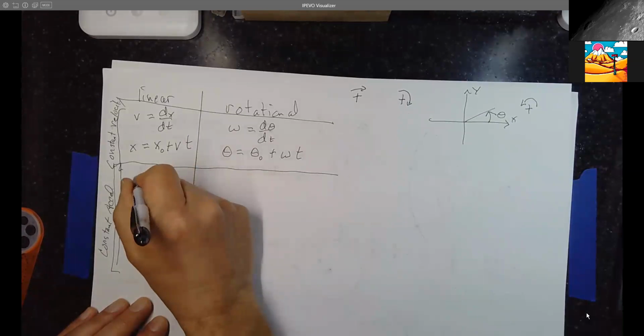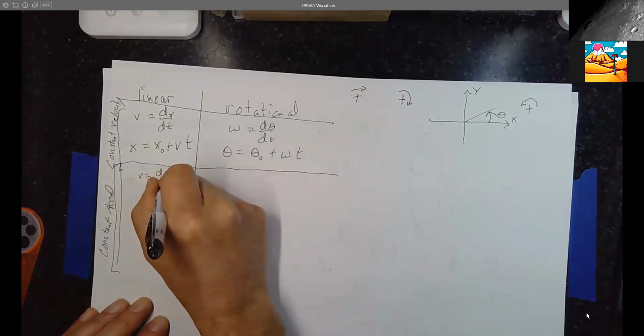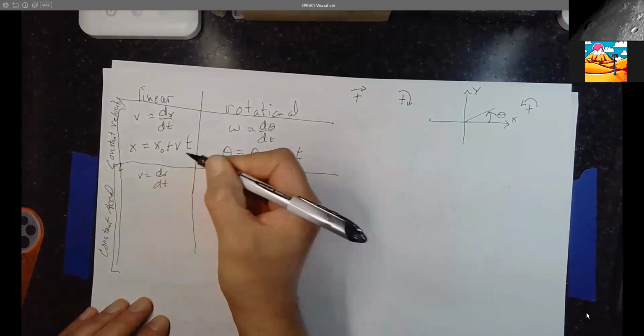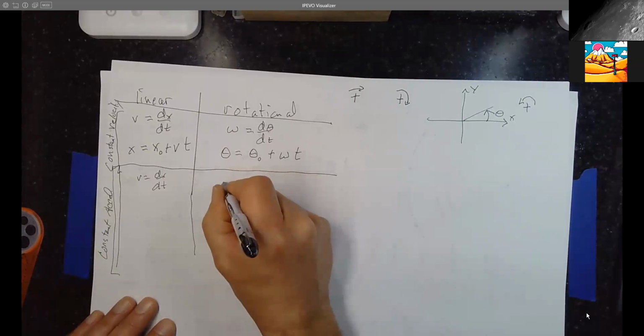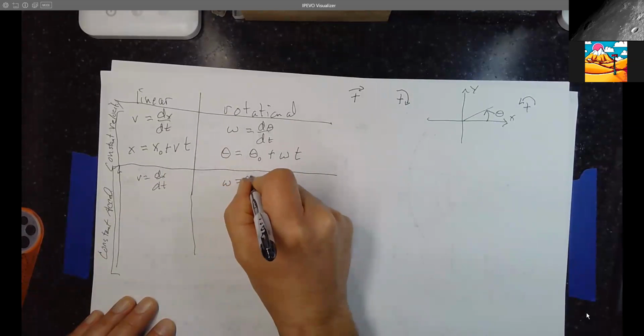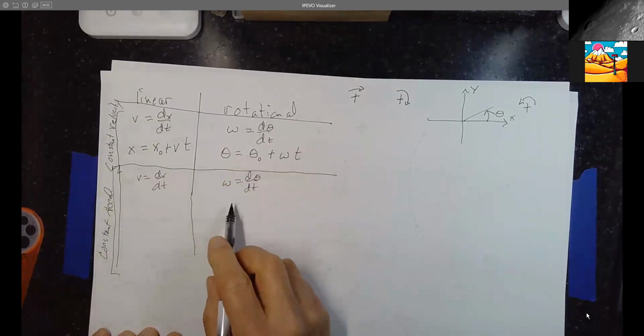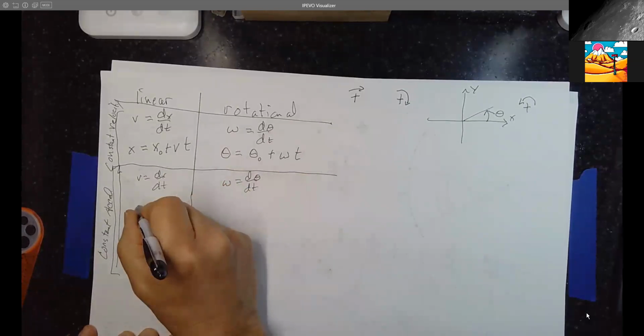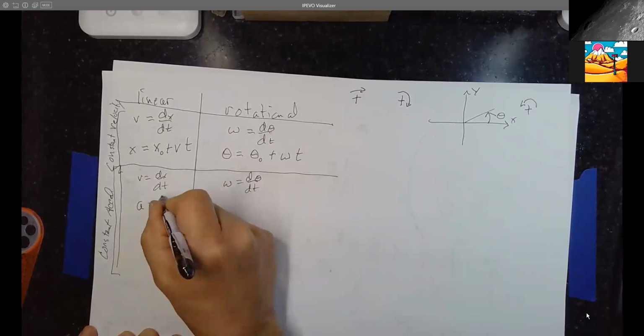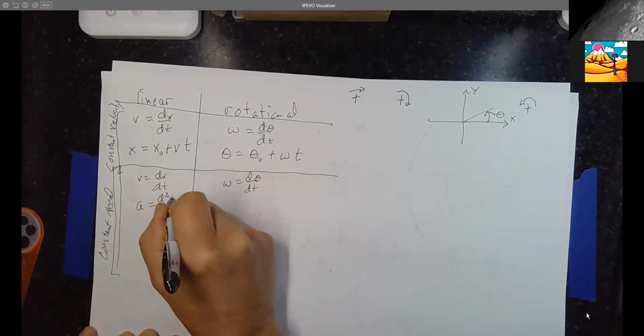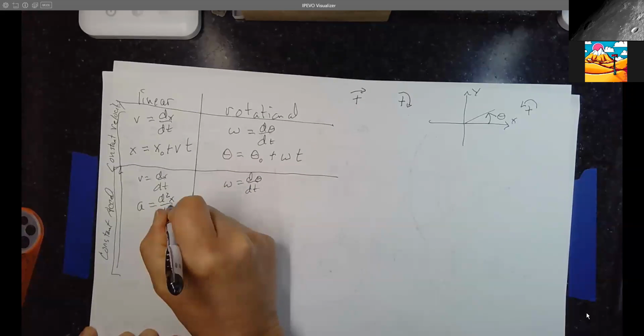We'll still have v is dx dt, but it's not necessarily constant. So omega can still equal d theta dt, but it'll be something that's constantly changing. We can have acceleration equals d squared x dt squared.